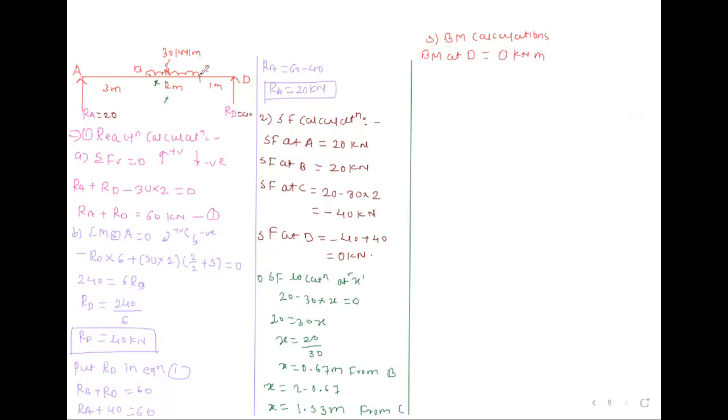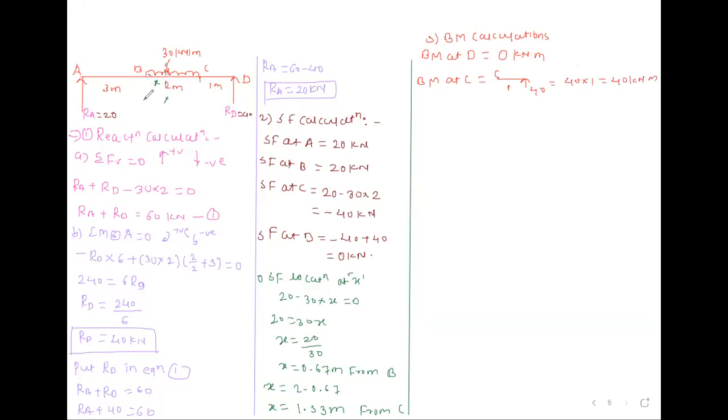We will calculate at C point. So bending moment at C: here 40, and up to this C point a 1 meter span is there, so it is equal to 40 into 1, that is 40 kilonewton meter.